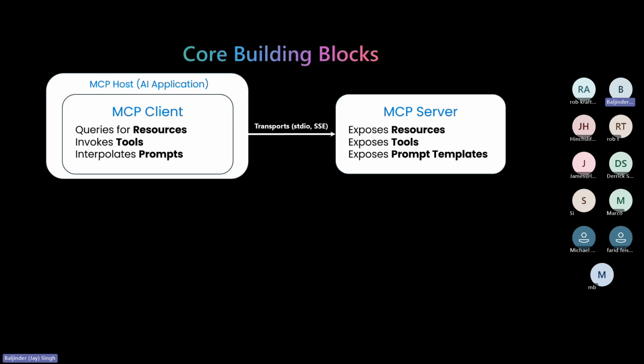The server exposes resources, tools, and prompt templates. A server can front APIs, open databases, file systems, or internal services. MCP is not replacing those systems, it only makes them agent-ready.